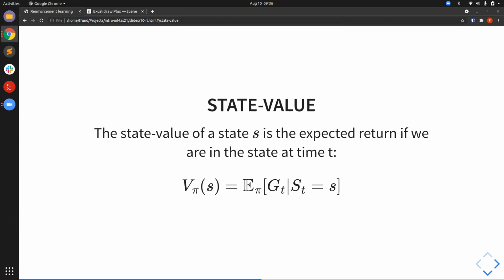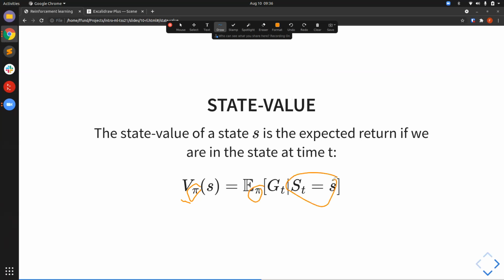Now we have two versions of the value function. We have one value function that's a v function. So given some policy pi, right, so the mapping of state to actions, we can say if we're in some state, the expected return for some policy, given that we're in that state, is v pi of s.